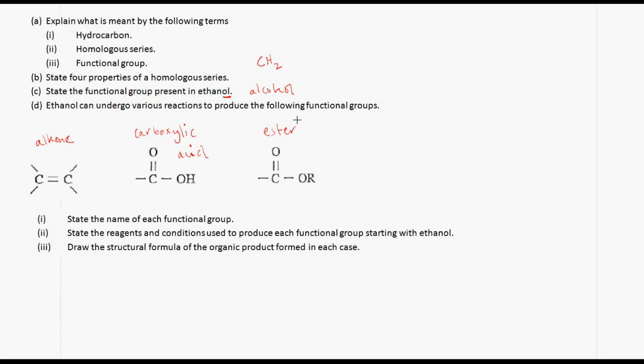So the first part asks to state the functional groups present. So the first one we said was an alkene, the second one is a carboxylic acid, and the third one is an ester. State the reagents and conditions used to produce each functional group, starting with ethanol.